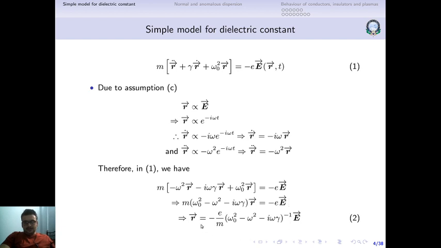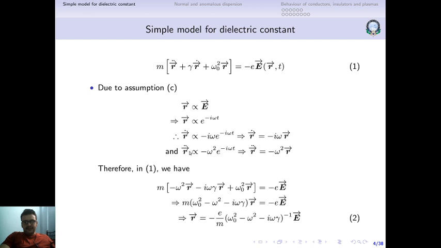Now we call this equation number 2. In equation number 2, just to distinguish between this omega and this omega naught: omega naught, if you remember, is the characteristic frequency with which this electron is going to oscillate about its mean position, and this omega comes from the harmonic dependence of the electric field.